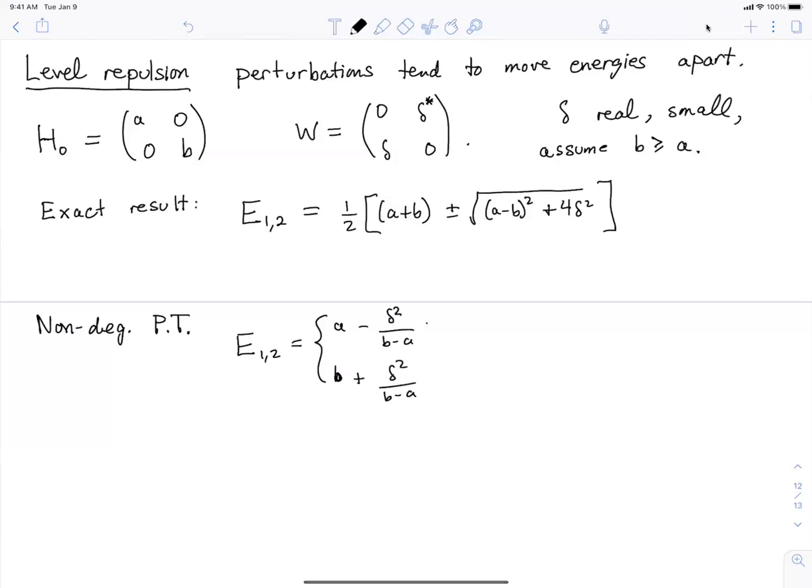These are the second order contributions. The first order contributions vanish because the perturbation was assumed to be off diagonal.